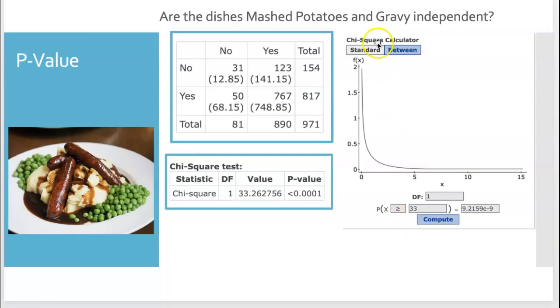Now I can use my chi-square calculator to find my p-value as well. Here I put in my degrees of freedom, which is 1, and here I put in the probability of observing 33 or larger values. For these hypothesis tests, the contingency table or goodness of fit, there's no one-tail or two-tail test in chapter 10 when dealing with categorical data.